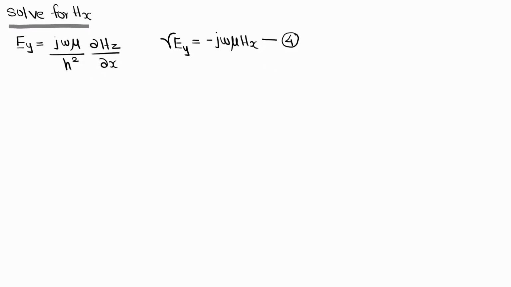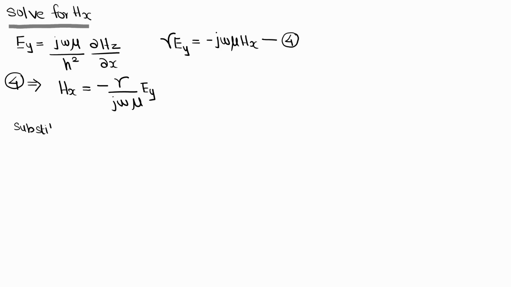Now to solve for Hx and Hy, it is really simple because we have found out the Ey and Ex, and from this we can find the Hx and Hy field components. For that, we consider the equation gamma Ey equal to minus j omega mu Hx. Now the equation 4 becomes Hx equal to minus gamma upon j omega mu into Ey.